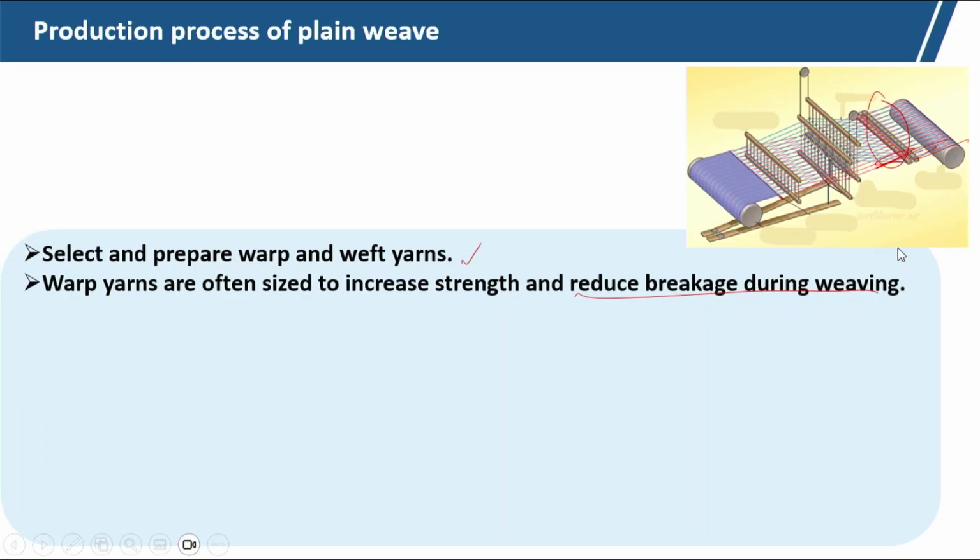Size means application of some gummy material for protection, so that during the weaving action it does not break, because there will be many interactions and abrasion, and it may be abraded at high tension. That may damage the warp yarn. For that we generally size it, at least for single yarn. Arrange the warp yarn in parallel on the warp beam, this is the warper's beam.